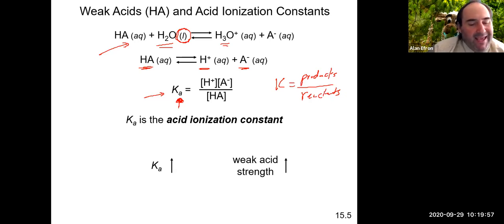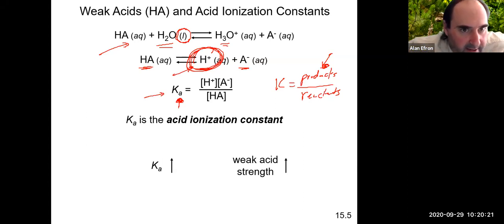And as the Ka value increases, the strength of the weak acid also increases. So just be clear on that. When we're talking about Ka values, a larger K value means more products. More products means more H plus. More H plus means it's a stronger acid, or a better acid, I guess, in that sense.